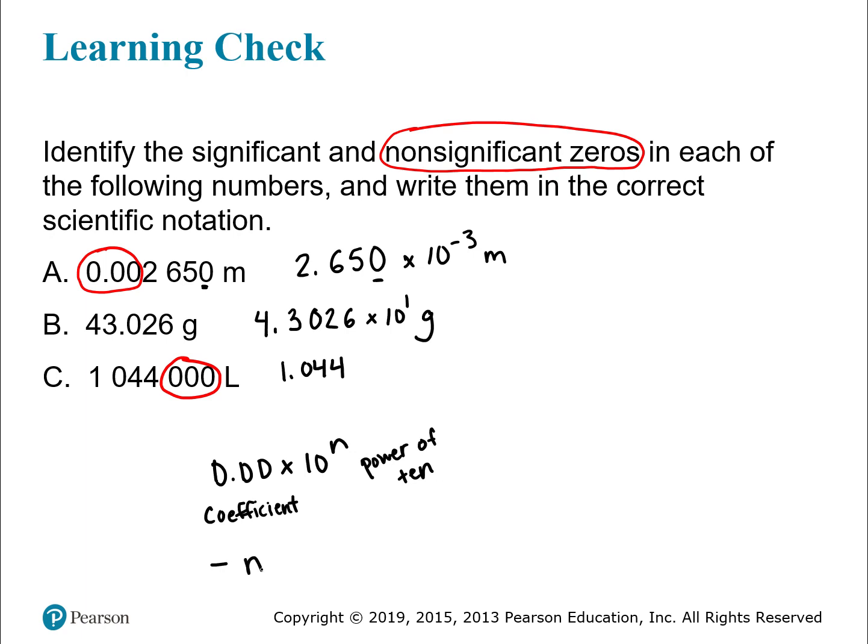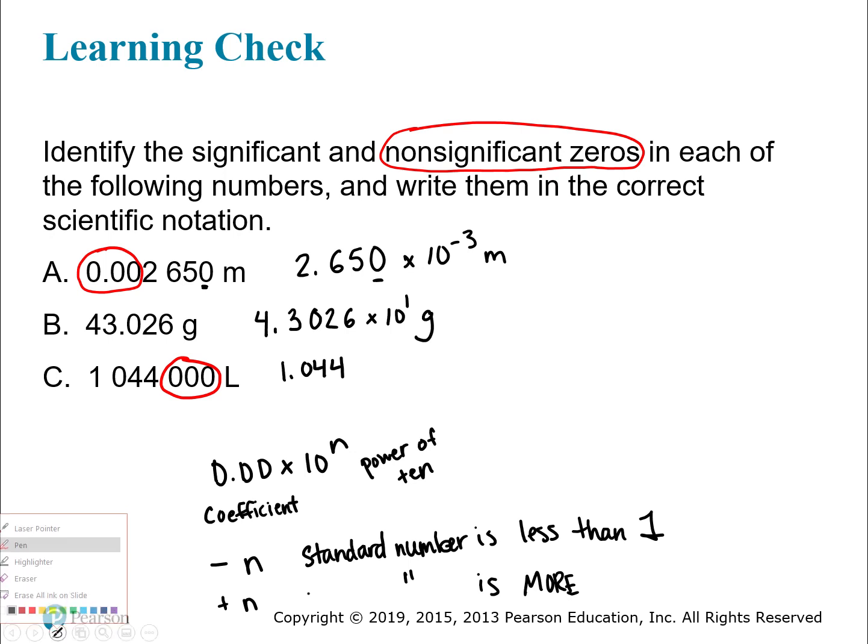A negative n means that the standard number that you're converting is less than 1. A positive n, which you don't usually see the positive sign, means that your standard number is more. Well, it's actually equal to or greater than 1.